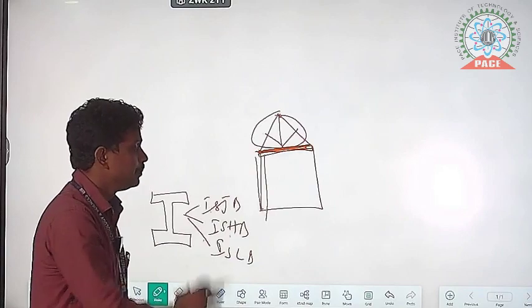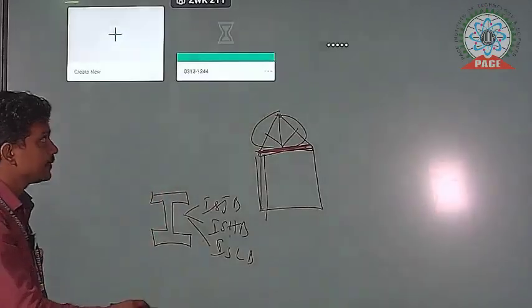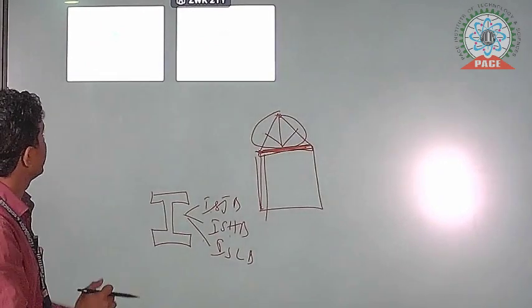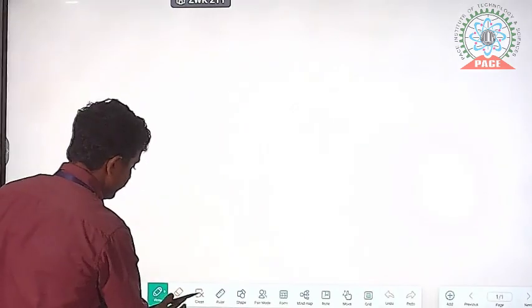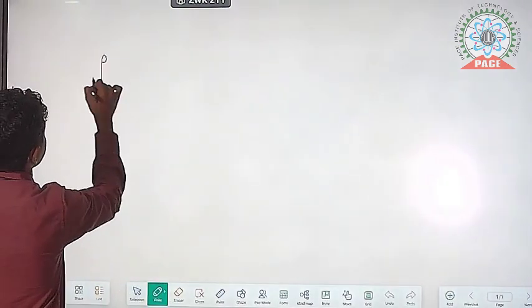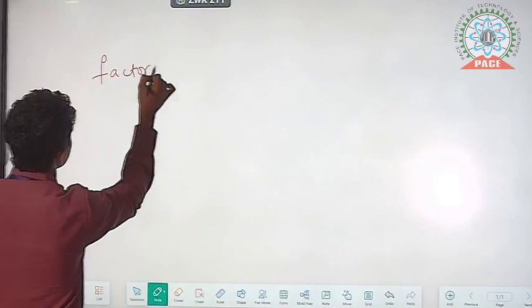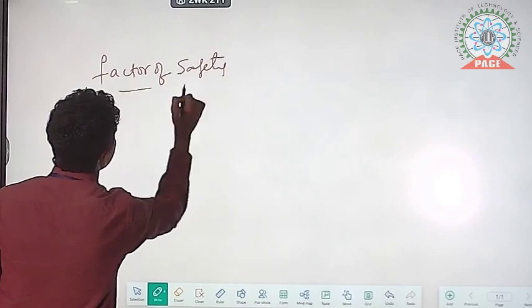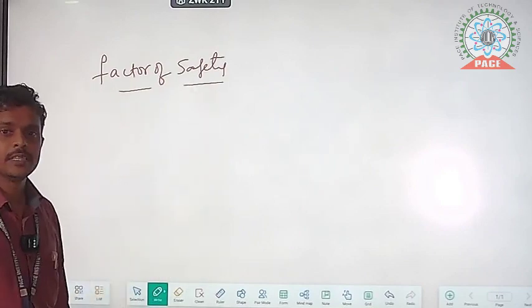Okay, and next, we need to know one thing, that is the factor of safety. We need to know the factor of safety. For simply understanding, for example, I constructed one slab.